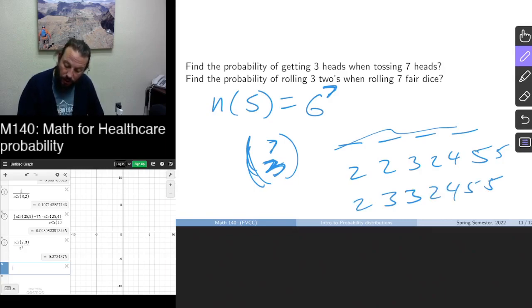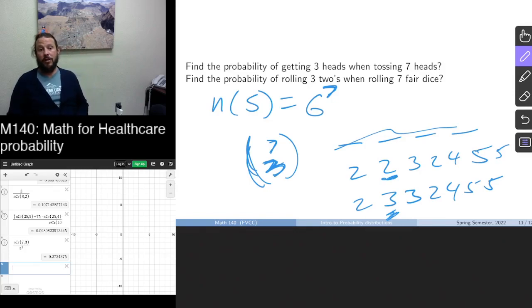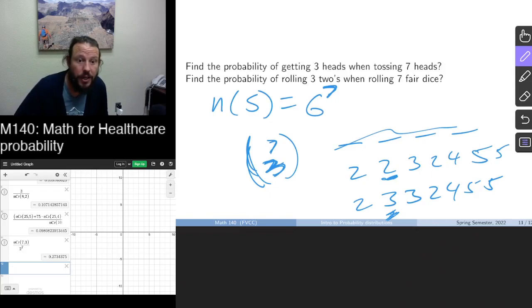Now here, the probability of this not being a 2 is 5/6. The probability of this being a 2 is 1/6. So they're a little different. We're going to cover this in the next video and really dig into what a binomial distribution looks like. All right. Have a great day, and I will see you next time.